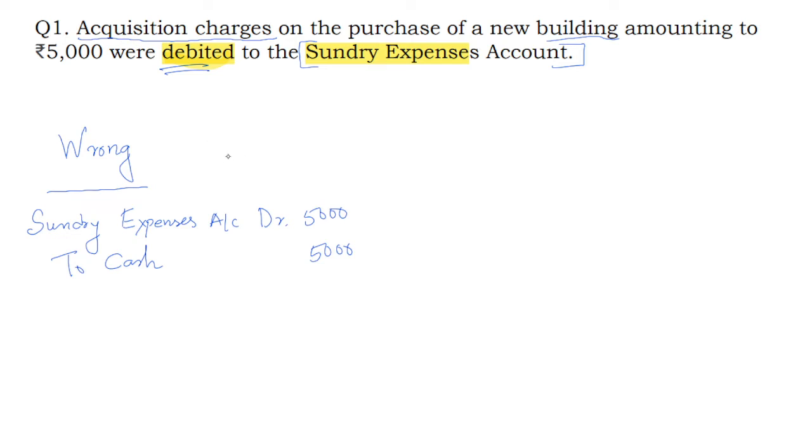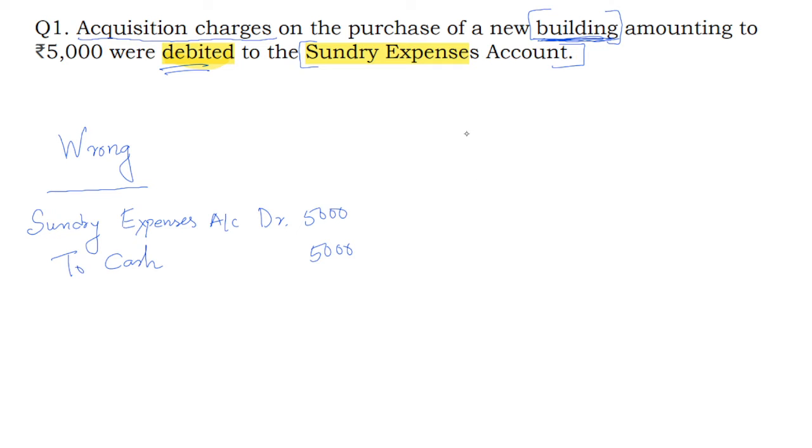But what should be the right entry? See, for acquiring any asset, if any expense is paid, that expense is considered as an expense for that asset. Here in this case, this is the asset, the building. So whatever expenses we pay for acquiring the building are to be debited to the building account.